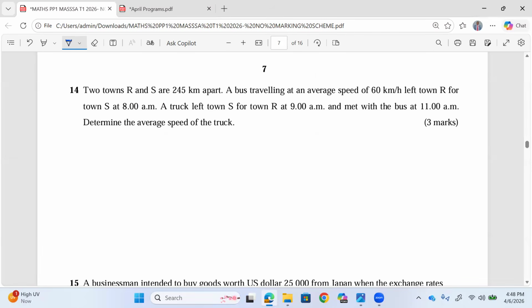We are given the average speed of the bus, but that of the truck is not given. It is what we are finding. This is on relative speed. The topic is linear motion.